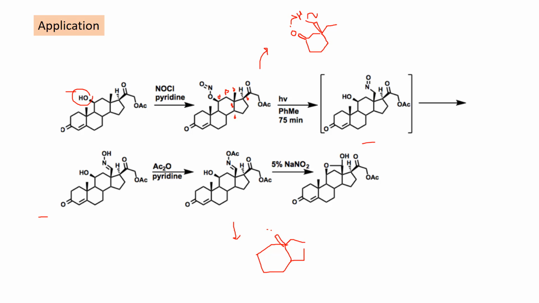It will form a double bonded O. After this, in medium OH will attack at this position, forming this cyclic compound. Okay, so this is the application of the Barton-Nightingale photolysis reaction.